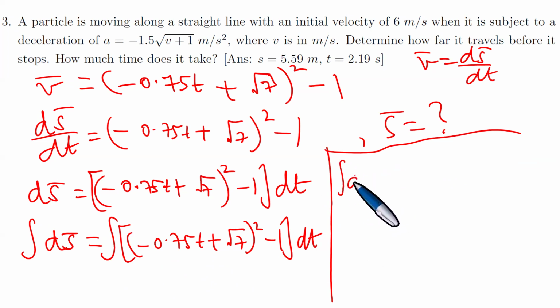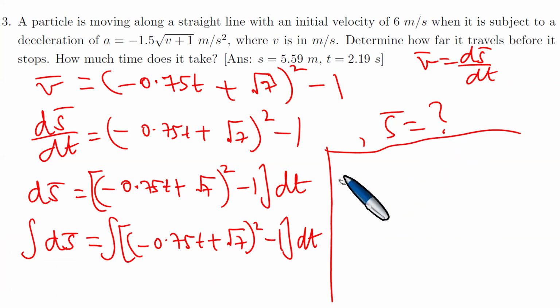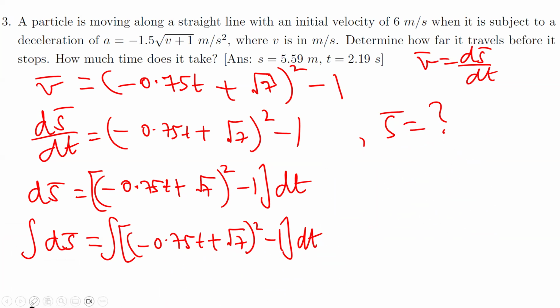Which means the integral of ds. So you factor out the minus 0.75 and then you square it. So it is minus 0.75 that you square. And then after you factor that out, let us separate. It is not integration by parts.